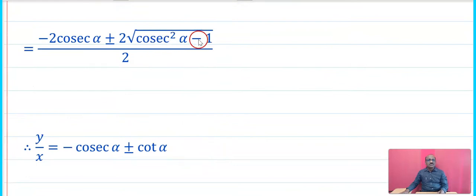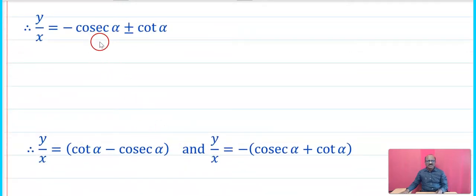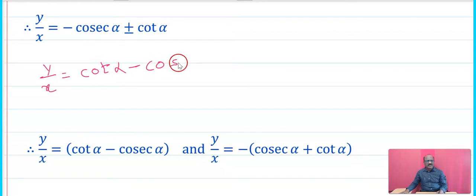The value of cosec square alpha minus 1 is cot square alpha, and its square root is cot alpha. Therefore y upon x is equal to minus cosec alpha plus or minus cot alpha. Once you take the plus sign, and here you are taking the minus sign. Suppose y upon x, if we take the plus sign, then you will get cot alpha minus cosec alpha.